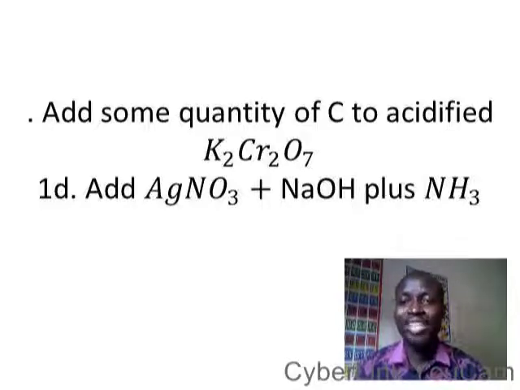Now, you also take some quantity of C, add Tollens' reagent. Tollens' reagent is the addition of AgNO3, NaOH, and NH3. But in case you don't see Tollens' reagent, you see AgNO3, NaOH, and ammonia, the same function, the same observation and inference you will see. Let's move on.